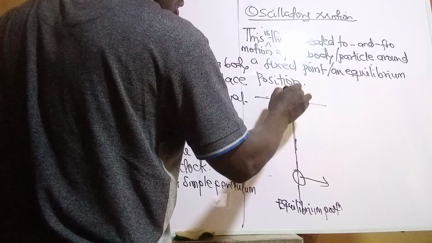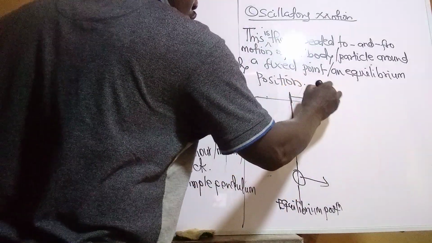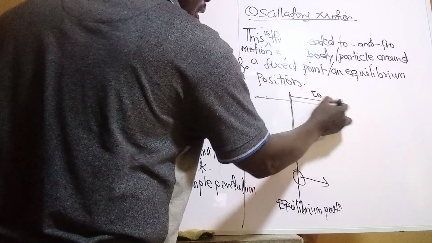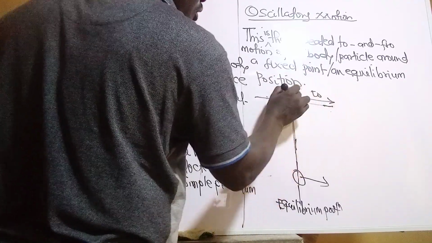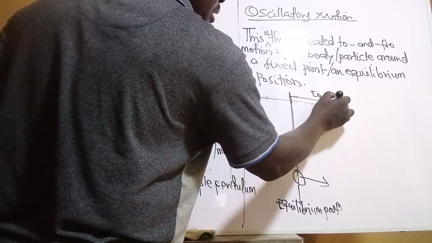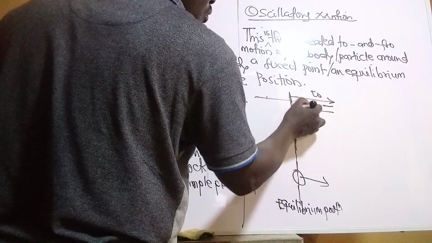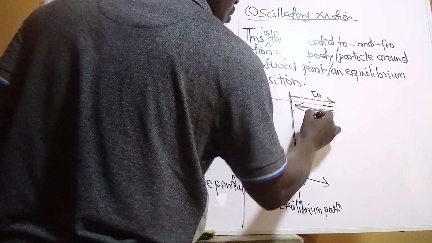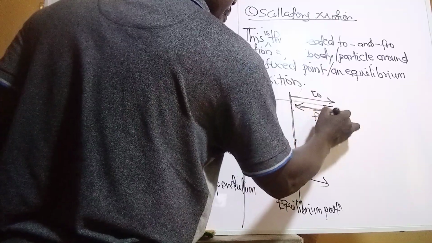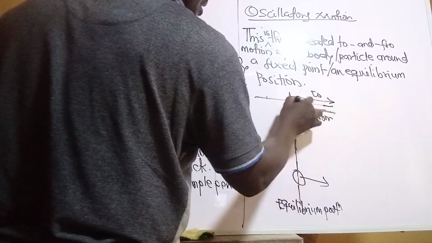So it moves from here to this point. Then it will also move from here to this point, then from this point to another point. So from here to this point, then from here to this point as well.